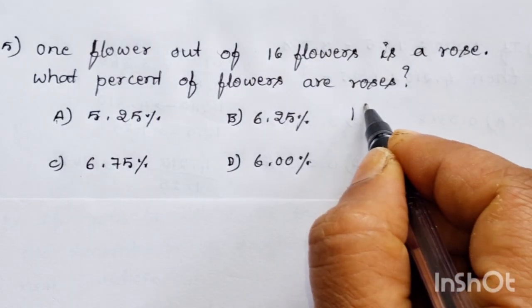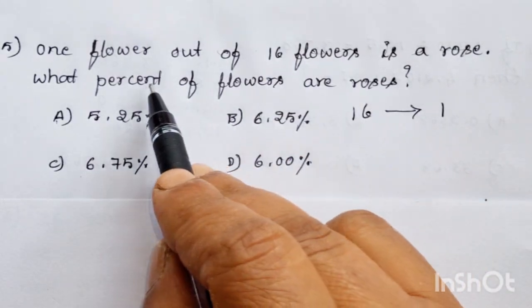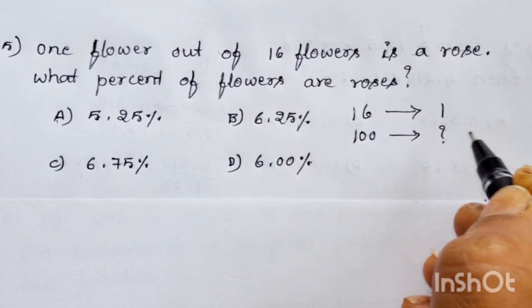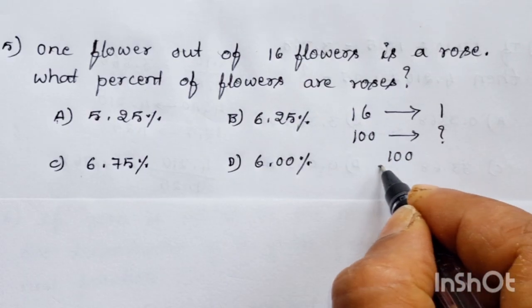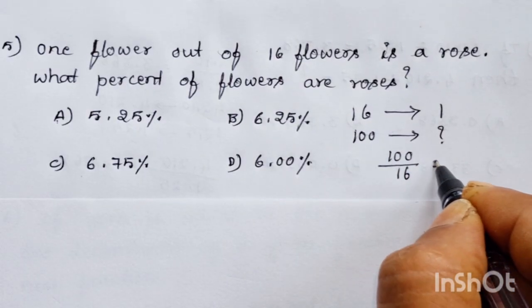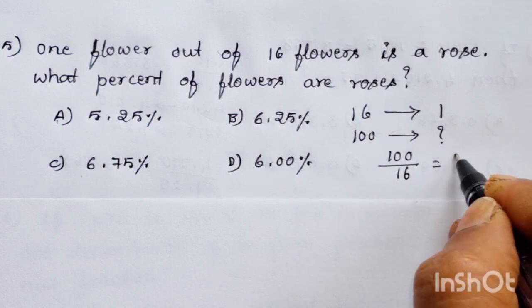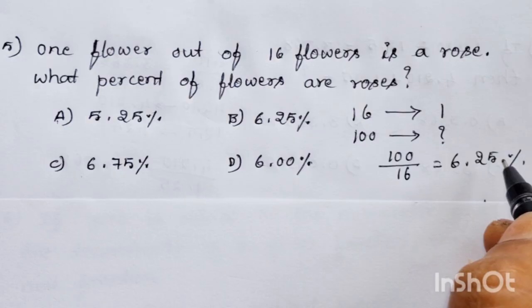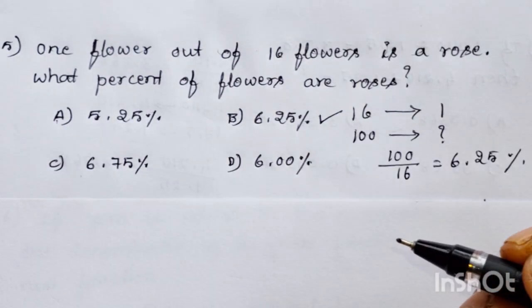Then for 100 flowers, how many flowers are roses? We cross multiply this and it becomes 100 over 16. On simplification, it gives us 6.25%, and the correct option is B, 6.25%.